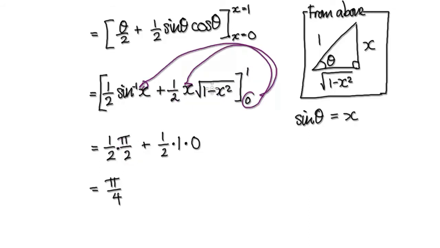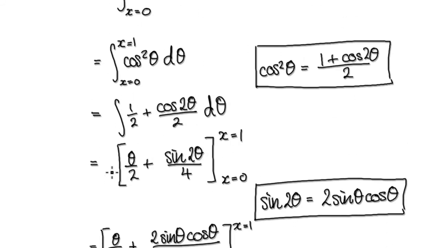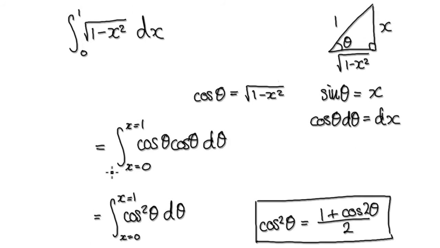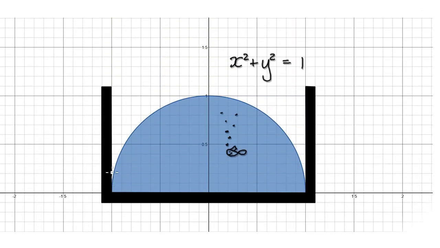Put this 0 into here, the whole thing will be 0. So we can forget about 0. Overall, your answer will be pi over 2. So going back to the start, when the water settles, it will settle at a height of pi over 4. I don't know where, somewhere around here. Pi over 4. Okay?